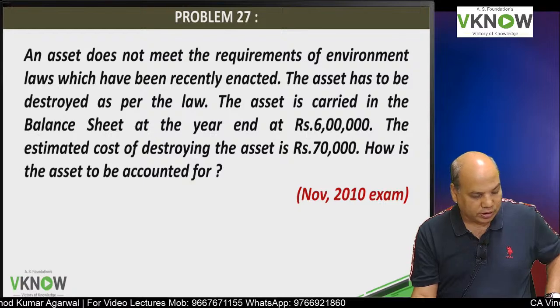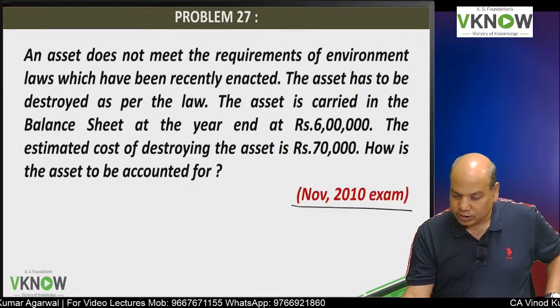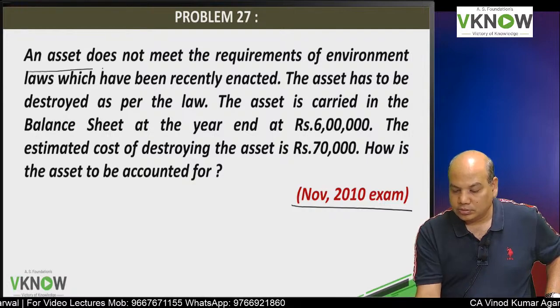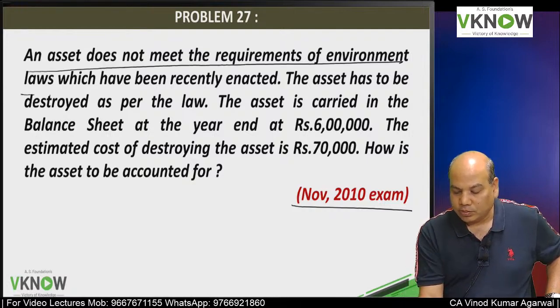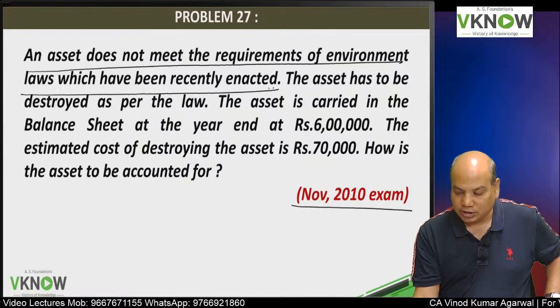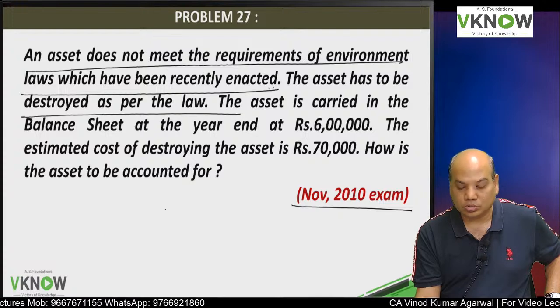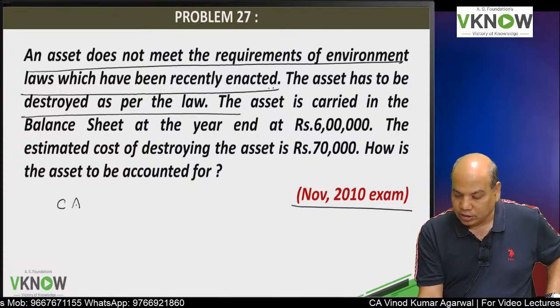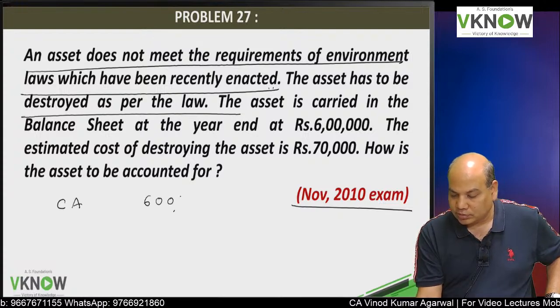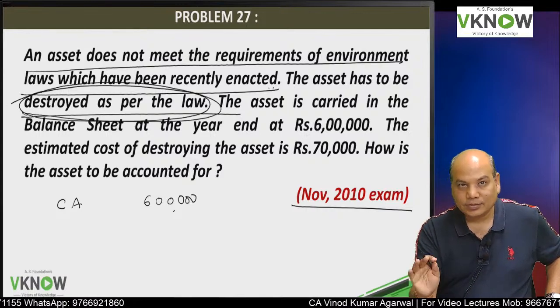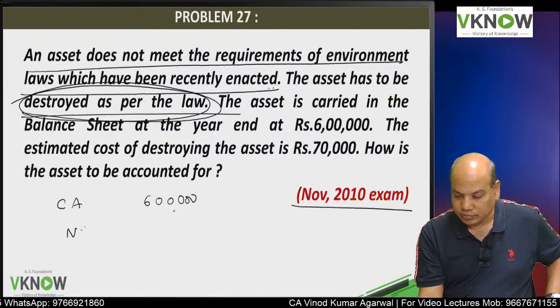Next, question number 27, November 10 exam. An asset does not meet the requirement of environment laws which have been recently enacted. The asset has to be destroyed as per the law. The carrying amount of the asset is 6 lakh. So what is the net selling price?